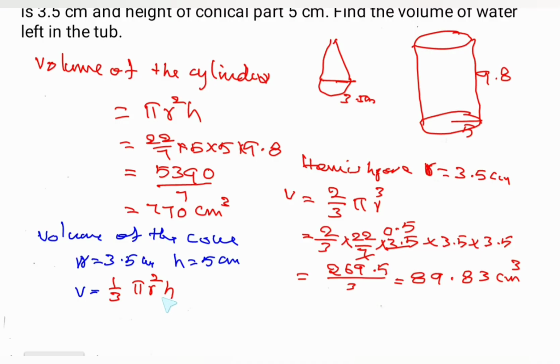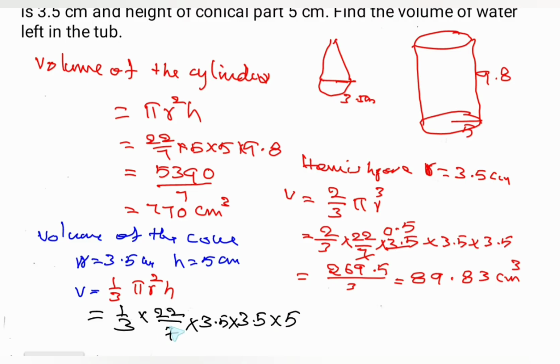Therefore, this equals 1 by 3, pi equals 22 by 7, and r equals 3.5 into 3.5, and h equals 5.